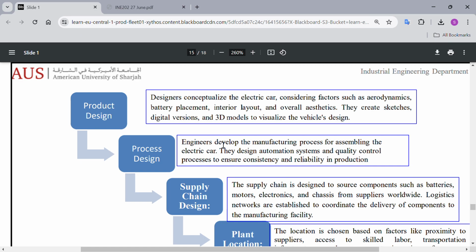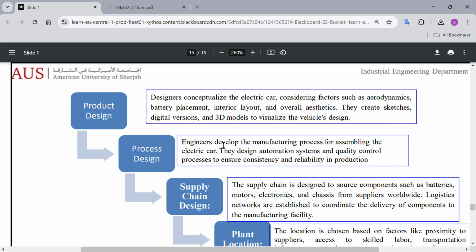So you're going to design the processes inside the factories that are going to make our electric cars, with some maintenance, of course. We're going to develop these machines that are going to make our electric cars.